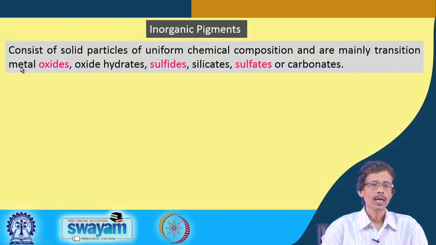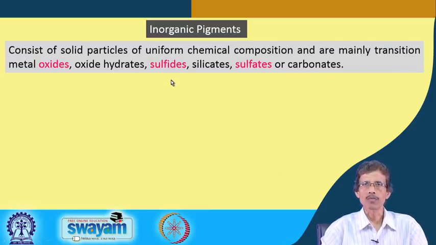We will see how nicely we can use the transition metal oxides, because we all know that different types of transition metal oxides are the ore or mineral material we get from the earth crust. So, with some processing and some purification, we can directly use those uniformly sized metal oxides as pigment material. Then there are oxide hydrates, that means some water of hydration or hydroxide groups along with the metal ions.